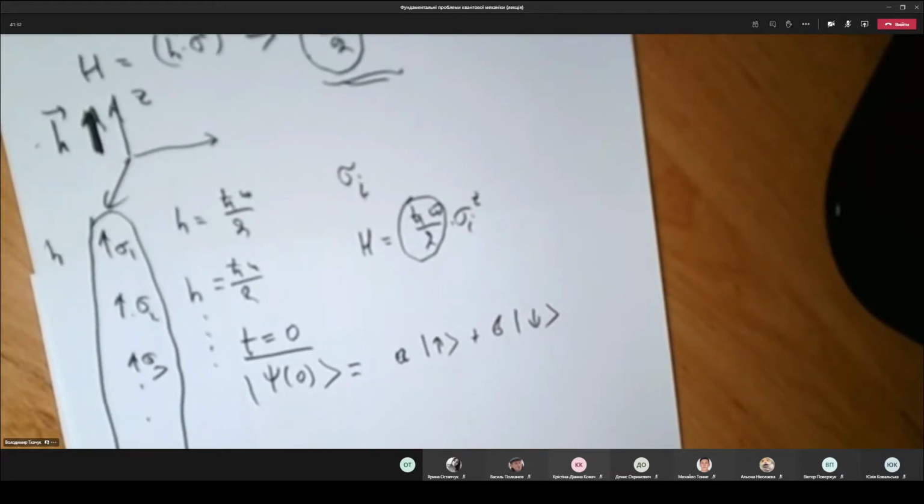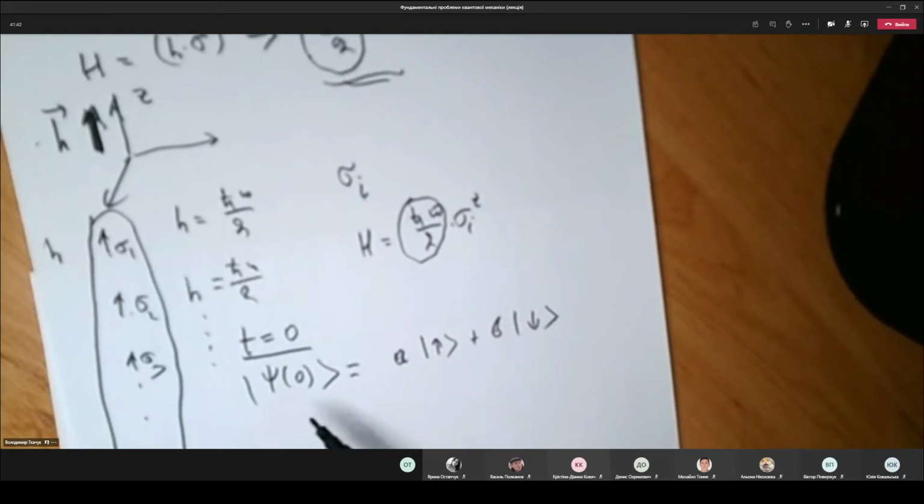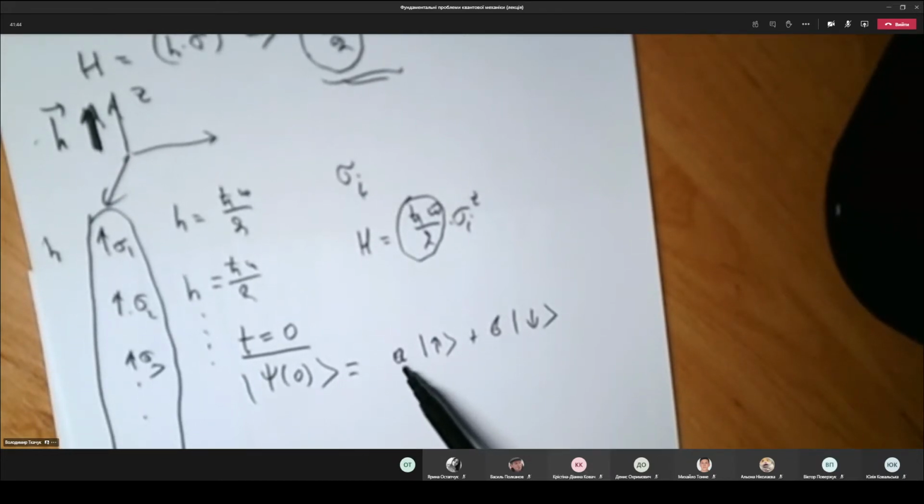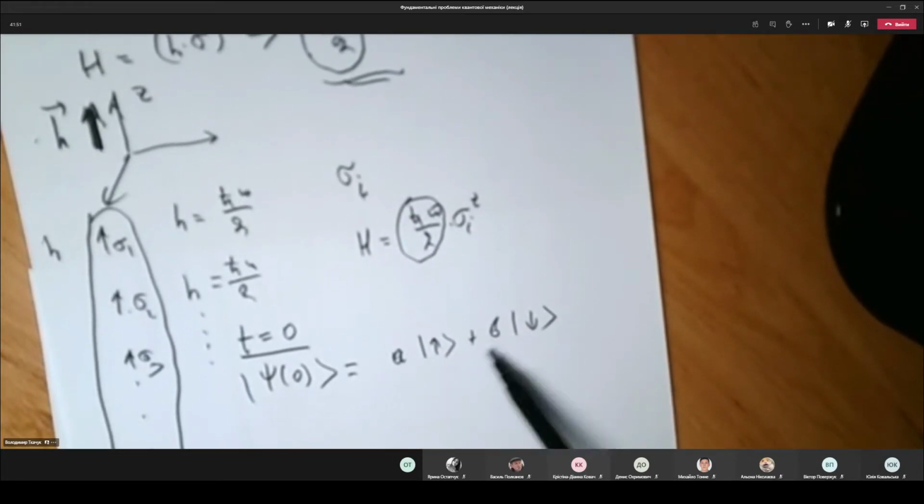It is, in fact, the general state of a spin, in the two-dimensional Hilbert space we have here. In the initial state, the amplitudes A and B are given; they are fixed complex numbers.